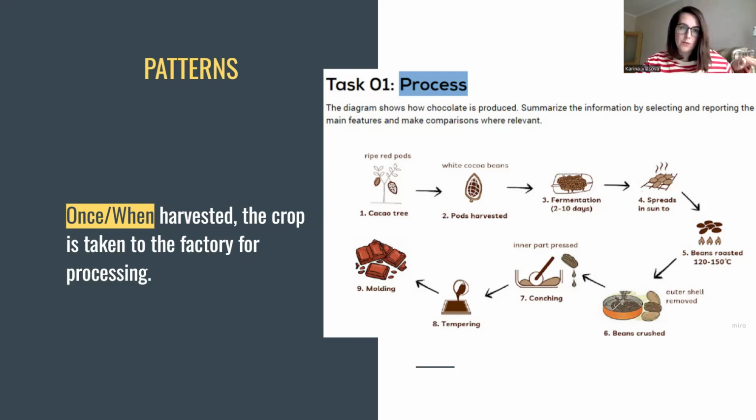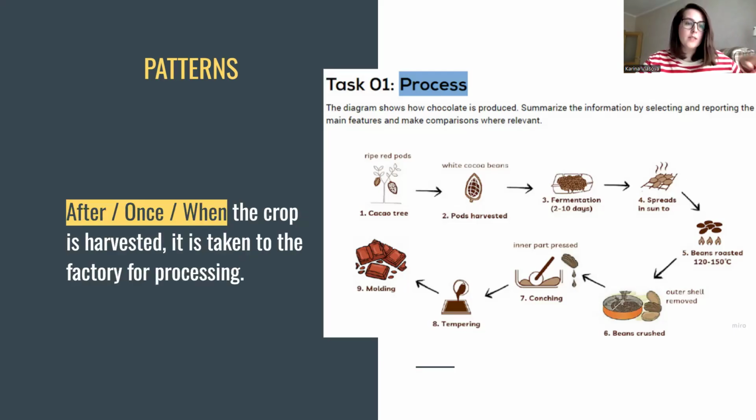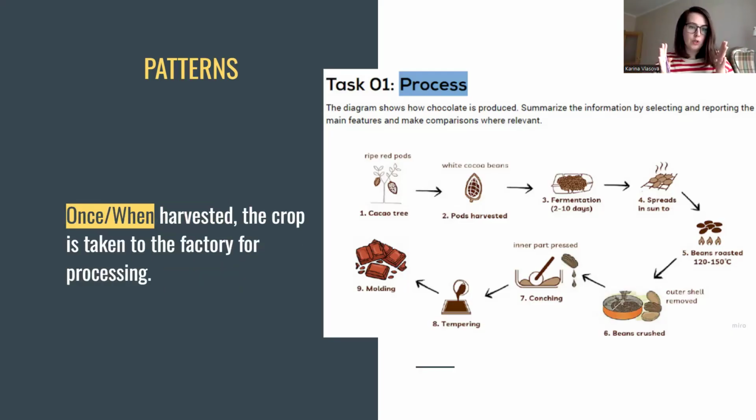In the previous option, you could. Once the crop is harvested, after the crop is harvested, all 3 options are okay. But if you reduce the clause, so that's a reduced clause, then you can't actually use the word after. You have to choose either once or when.